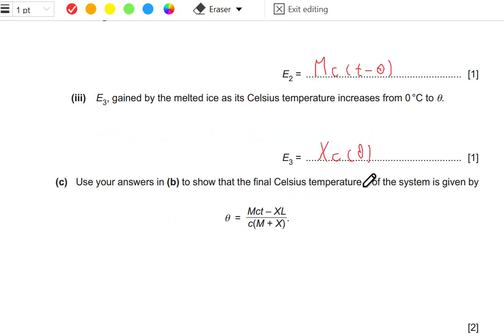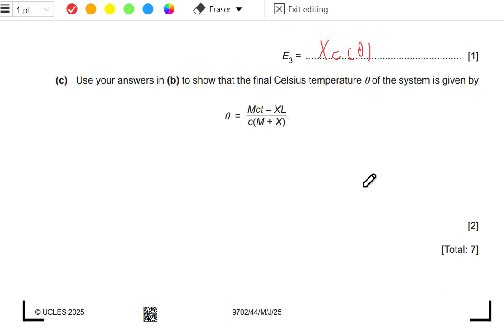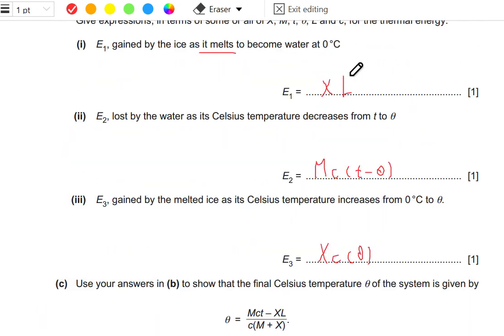Use your answer in B to show the final temperature theta of the system is given by the following. So we have the ice gaining heat during melting and heat during the temperature rise from 0 to theta.